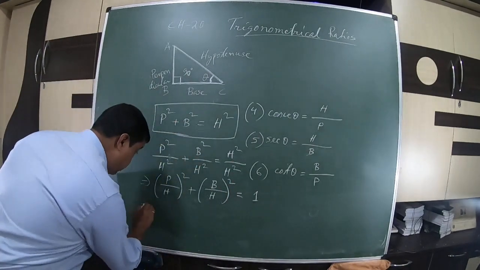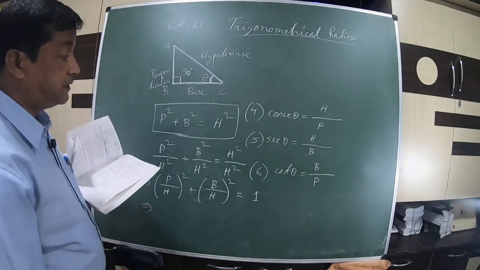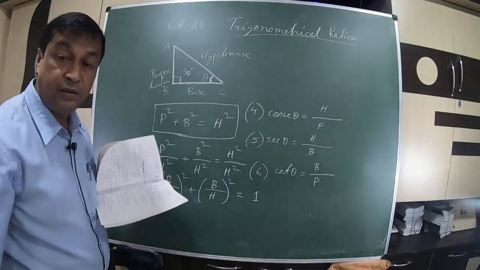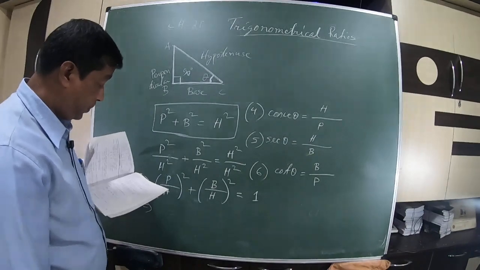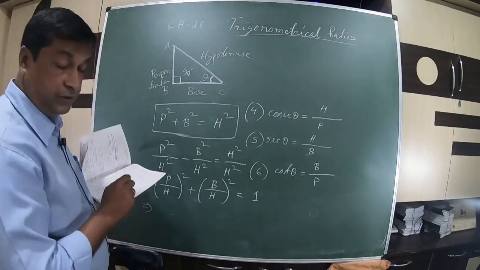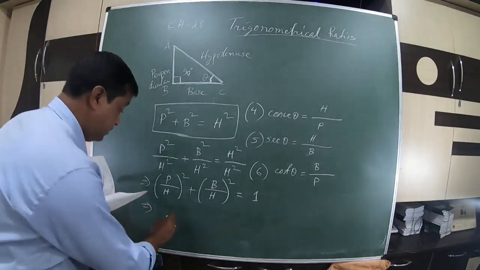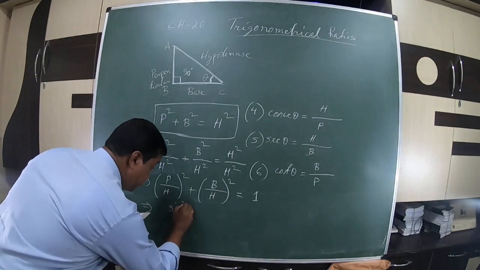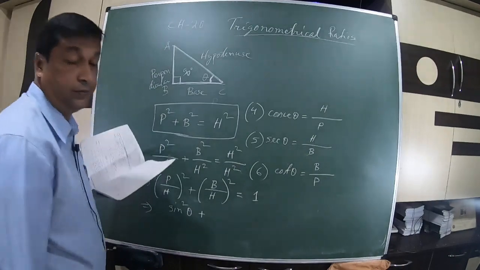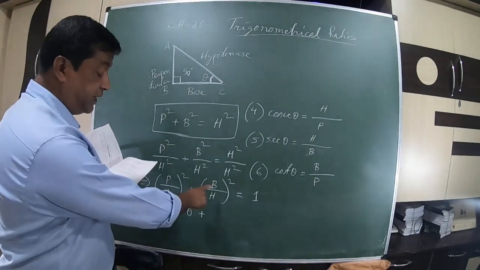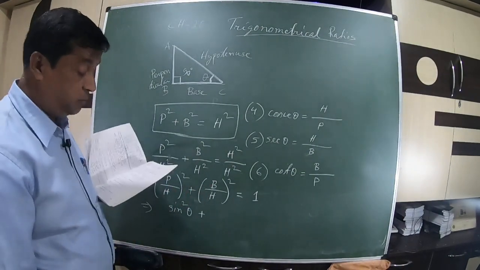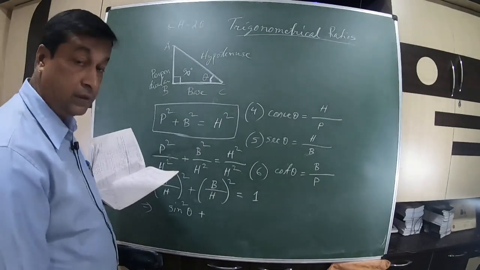Now from here what will we get? P by h, if you see the previous formula I have given, is perpendicular by hypotenuse, so you get the ratio sin theta, whole square means sin square theta. Now base by hypotenuse, if you take the ratio, you will get cos theta.